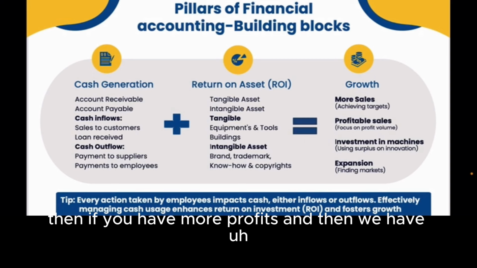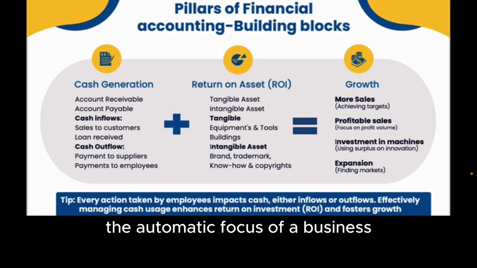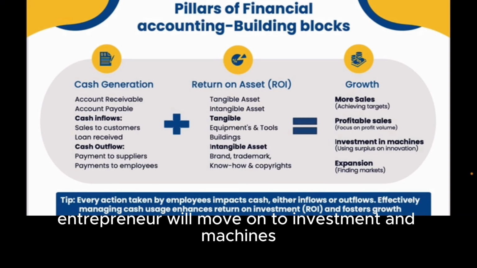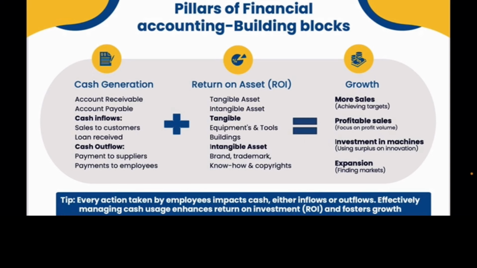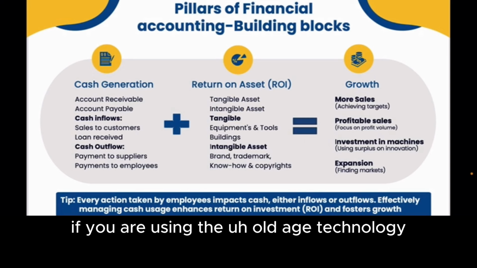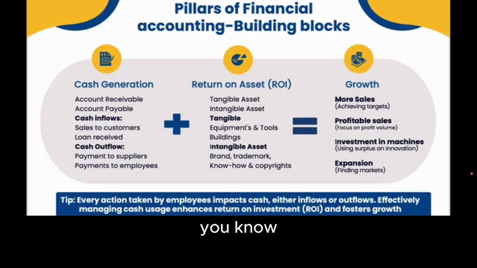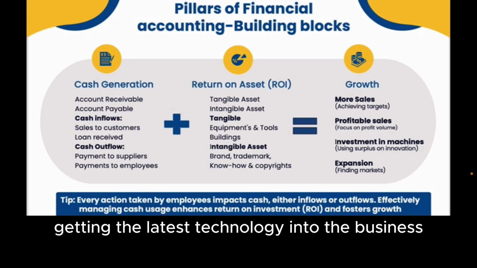Then if we have more profits and more sales, the automatic focus of a business entrepreneur will move to investment in machines, using the surplus for innovation. For example, if you are using old technology and you have free cash flow in the business, then you might think of getting the latest technology into the business.